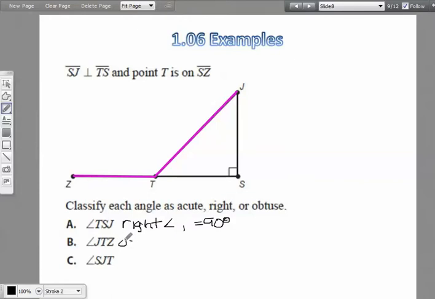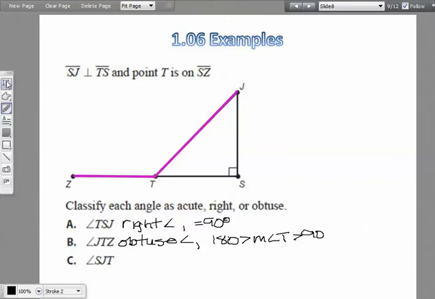So let's write here, obtuse angle. And we're going to write it just like they did. 180 is greater than the measure of angle T. Oh, I should have put JTZ, but y'all forgive me. And greater than 90.